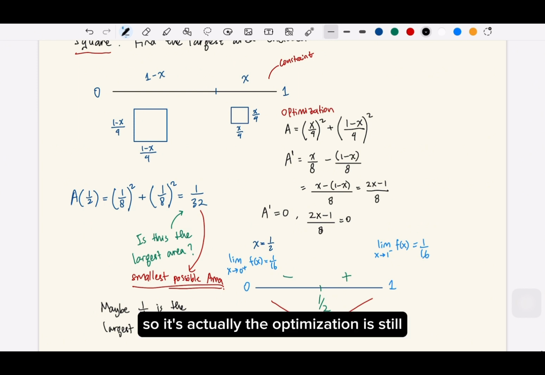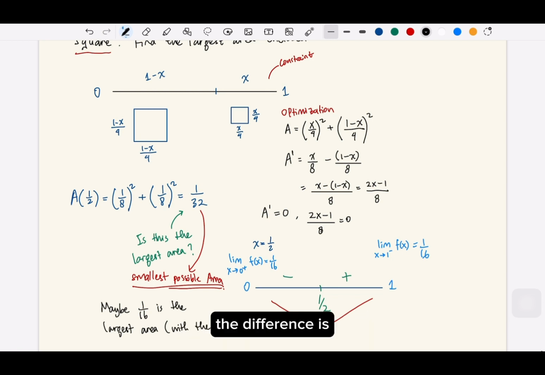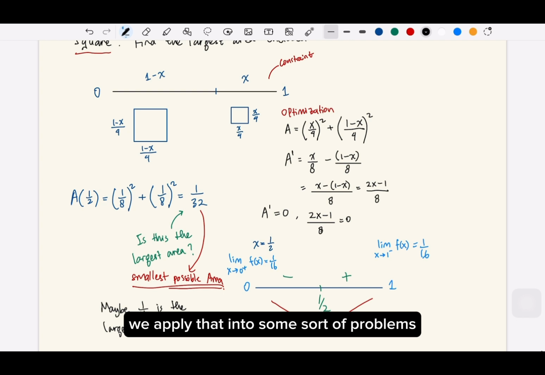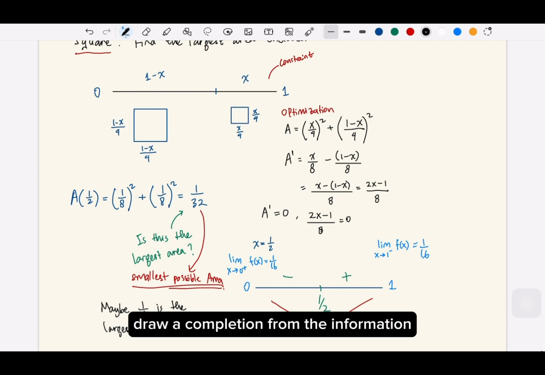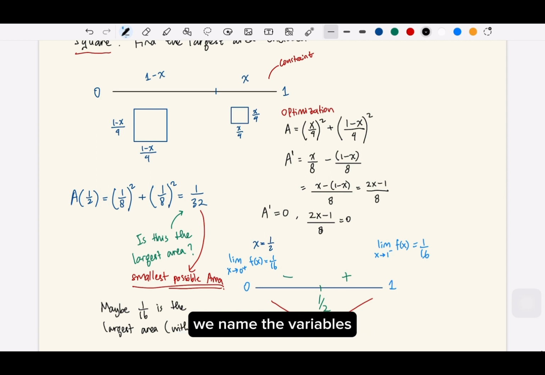So it's actually, the optimization is still related to what we have done before. We check the first derivative, the minima, the maxima, critical point. The difference is we apply that into some set of problems. We are given some information. We are trying to draw a conclusion from the information. First, we draw the diagram. We name the variables.